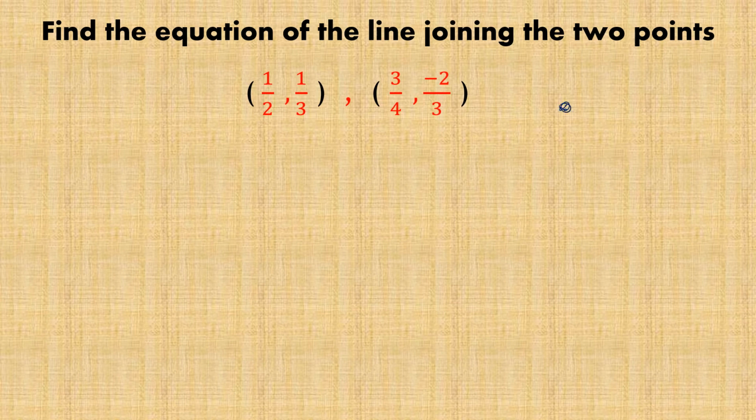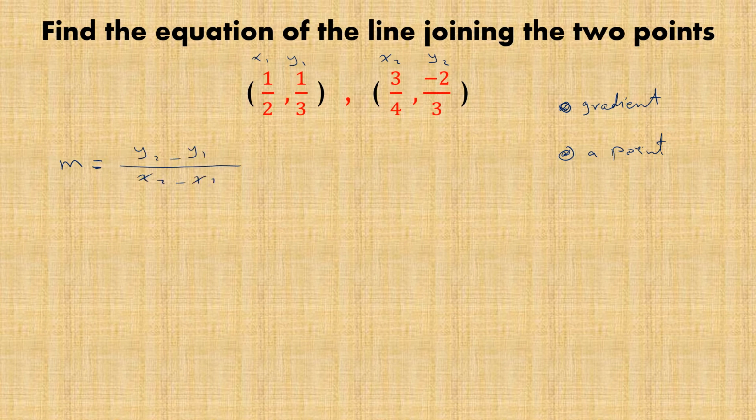We need to find the gradient and a point. We can find the gradient using the 2 points, using this rule: x1, y1, x2, y2. Write the rule (y2 minus y1) over (x2 minus x1), and put each value in its place.